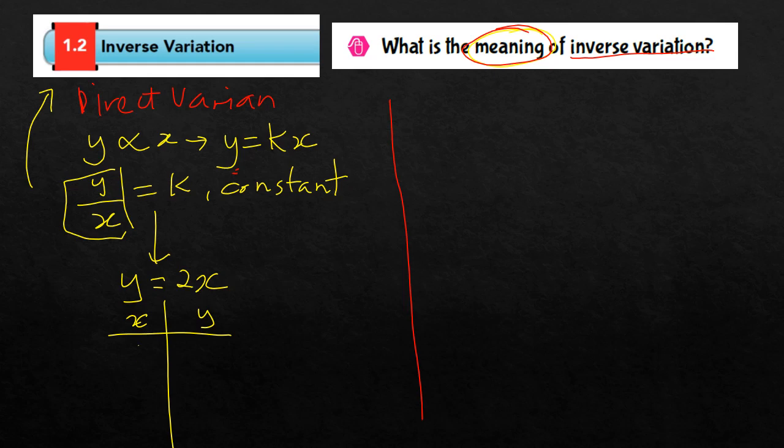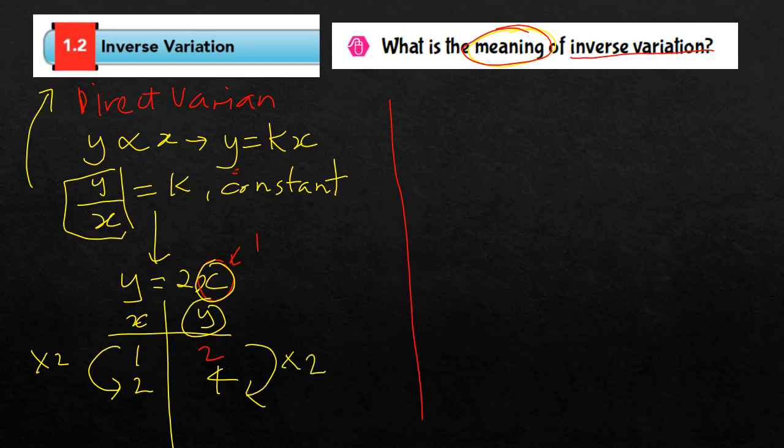Let's say x is 1, you substitute 1 here, your y will be 2. When your x is 2, your y becomes 4. So you see, from 1 to 2, you times 2, right? And for your y, from 2 to 4, you also times 2.